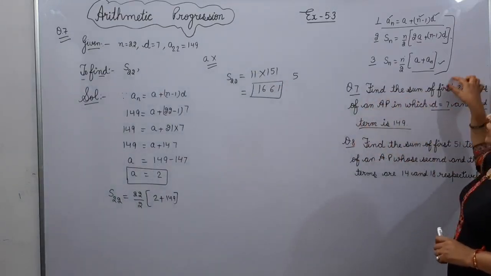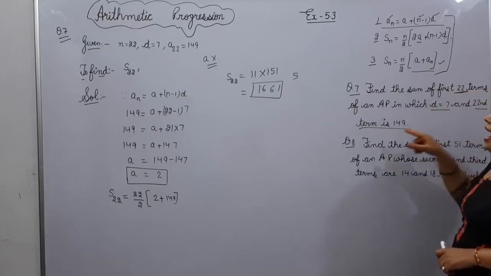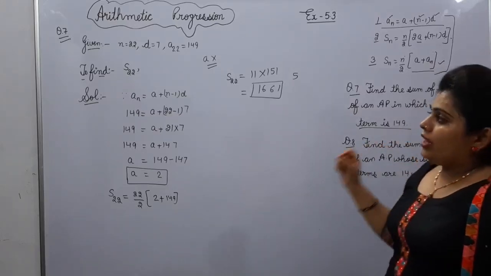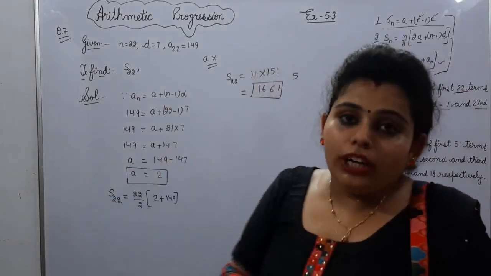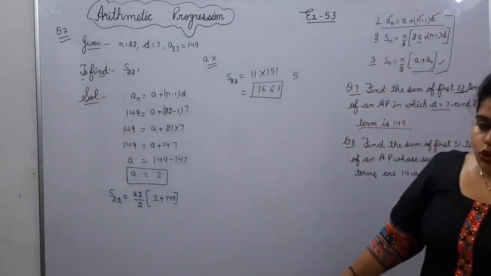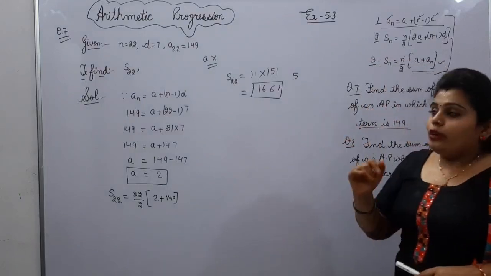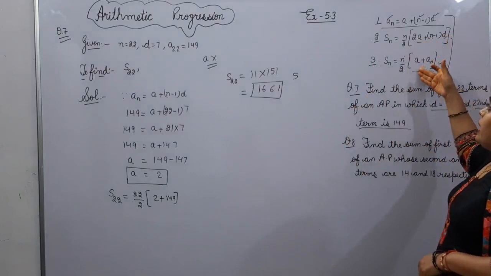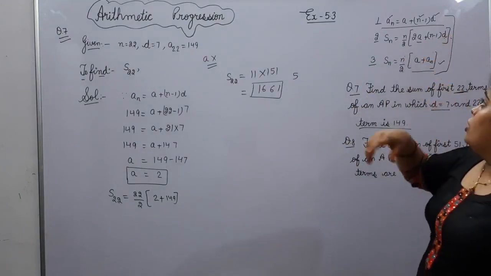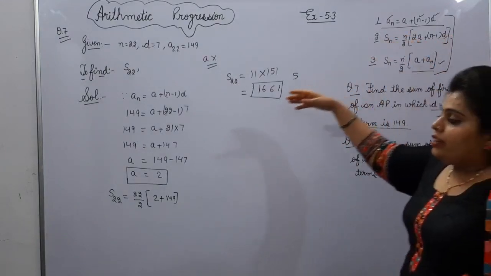Very easy question. This is what is given: the number of terms is 22, d is given, and the 22nd term is 149. Using this information we have to find the value of S22. But for S22 we require a also, because a is our first term and in all formulas a is required. So first of all, using this formula we will find the value of a.